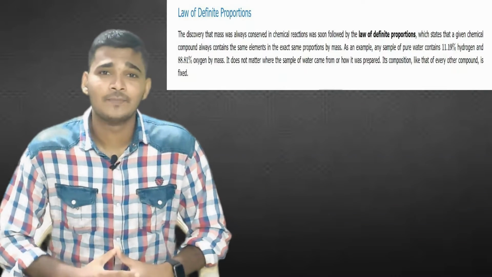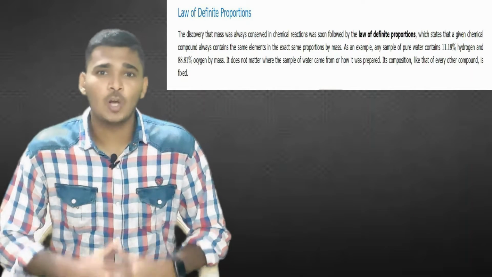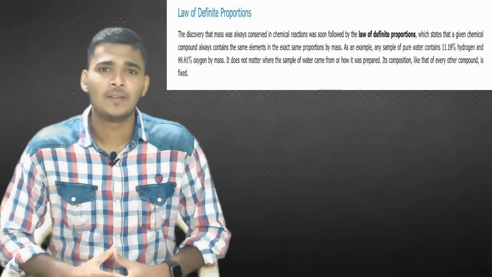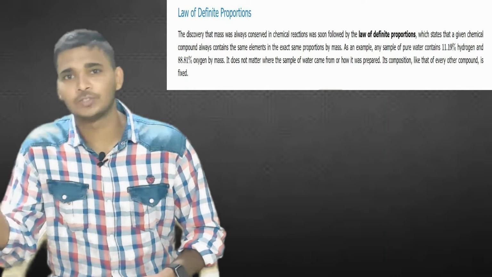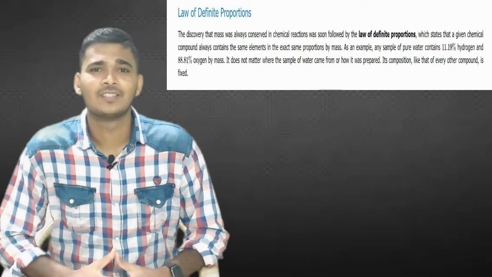Second is the law of definite composition. This was stated by again a French chemist, Joseph Proust. He said that any pure compound always contains the same elements in definite proportion by weight, irrespective of its source or method of preparation.